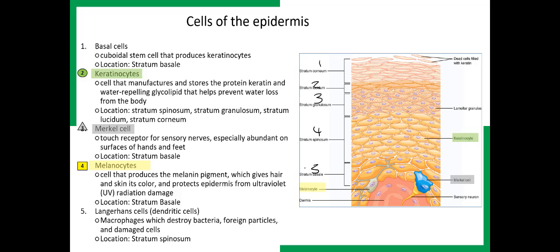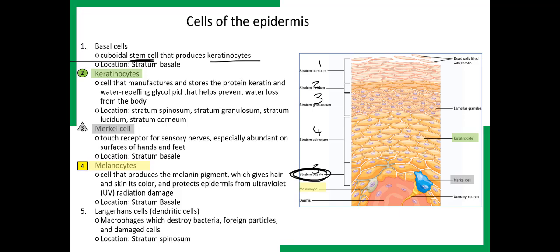So the first type of cell is the basal cells that are located in the bottom or deepest layer of the epidermis. And the deepest layer of the epidermis, we'll see in the next slide, is called the stratum basale. And basically the basal cells are stem cells that produce keratinocytes.